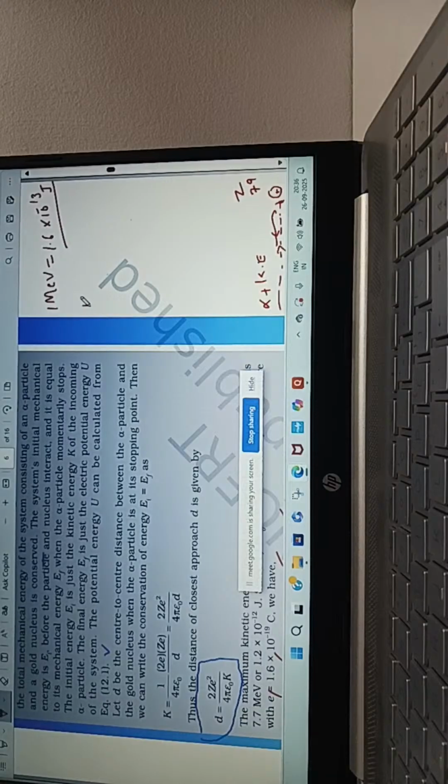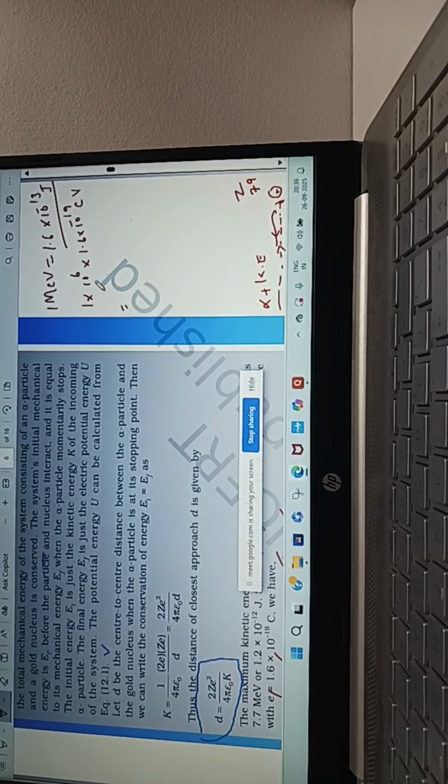Yes. 1 mega is 10 to the power of 6. Correct? 1 electron is 1.6 into 10 to the power of minus 19, in coulomb. Electron charge is in coulomb. Coulomb and volt together is called joule. Remember.